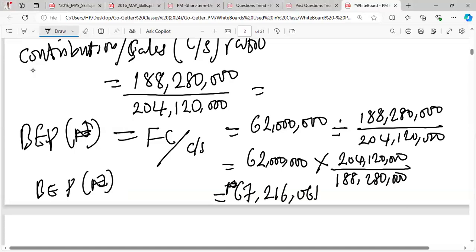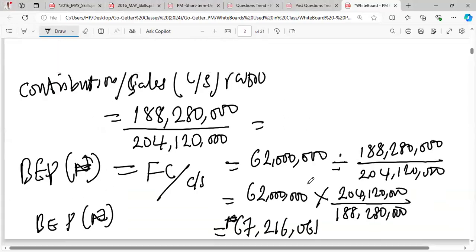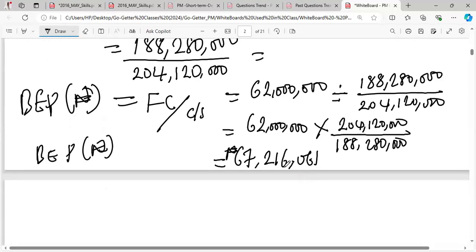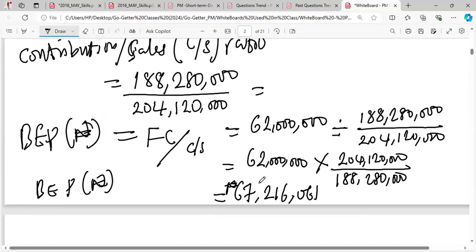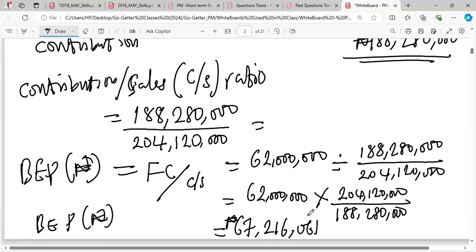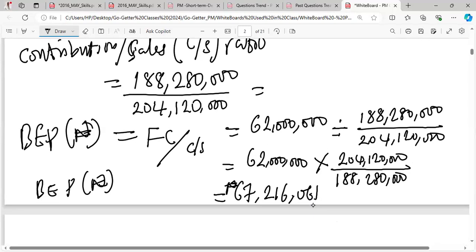So what it means here is, this is the break even point of sales that you can make, that you will neither make profit nor make any loss. So this is the sales revenue that you need to make neither profit nor loss.